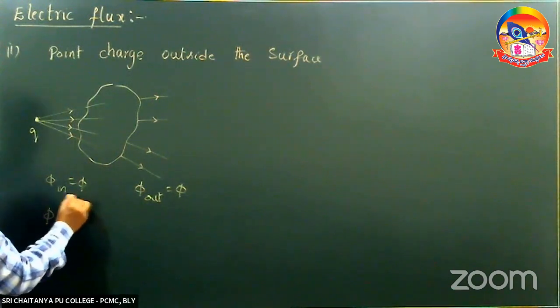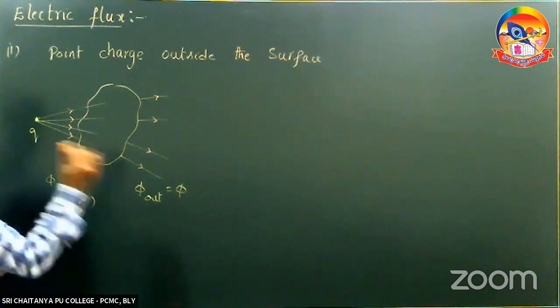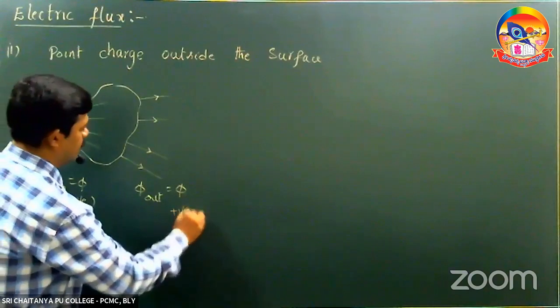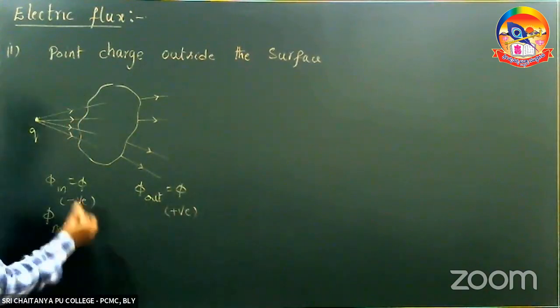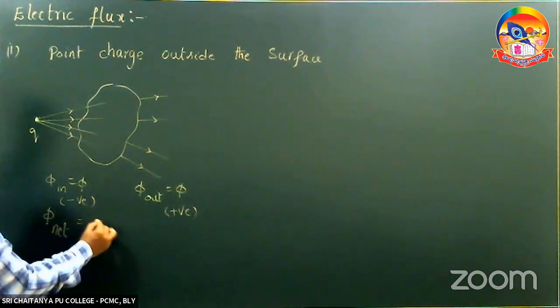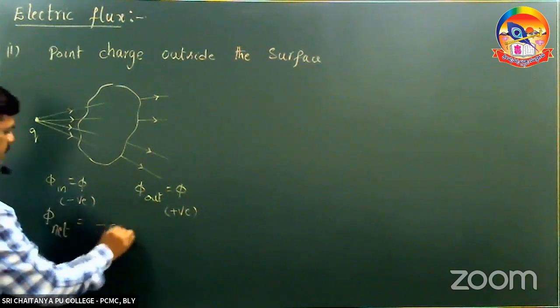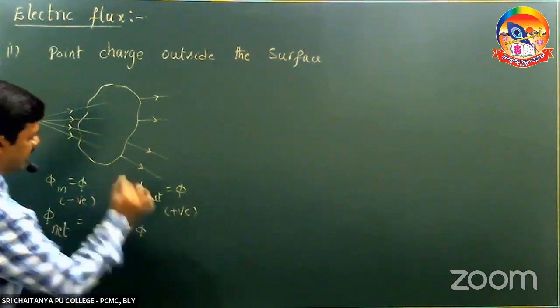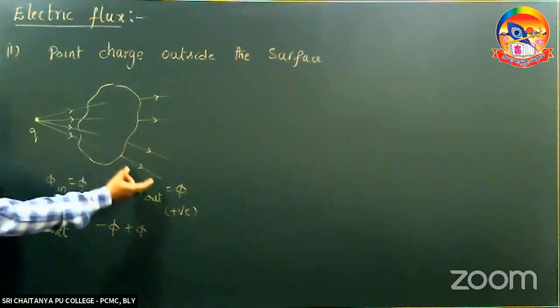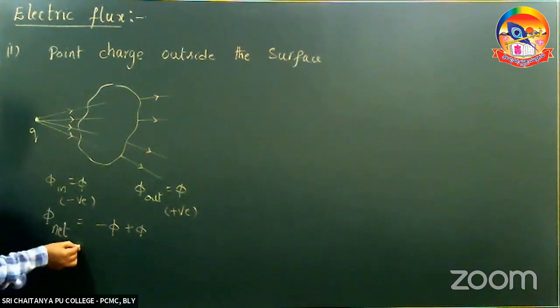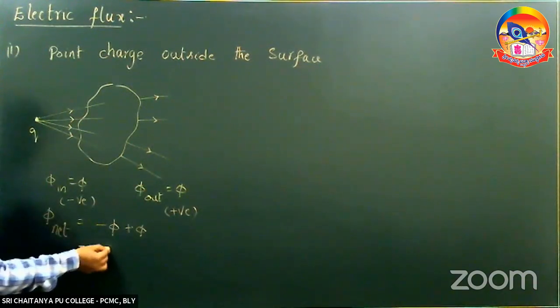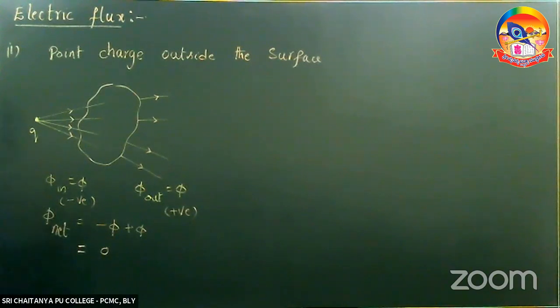Inward flux negative, outward flux positive. Phi net is minus phi plus phi. It is sum of inward flux and outward flux, which is 0, right?